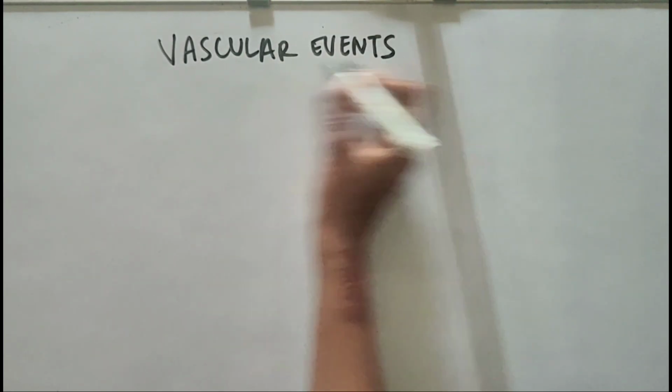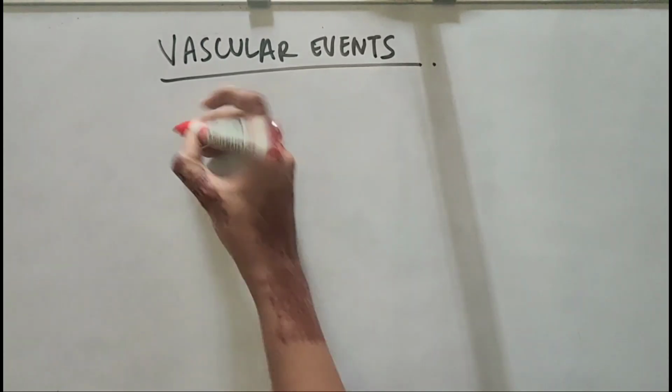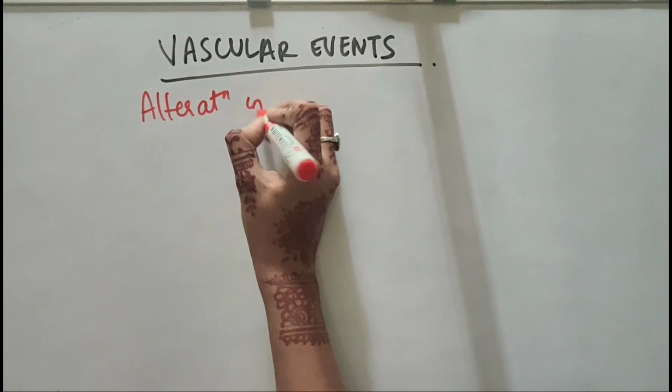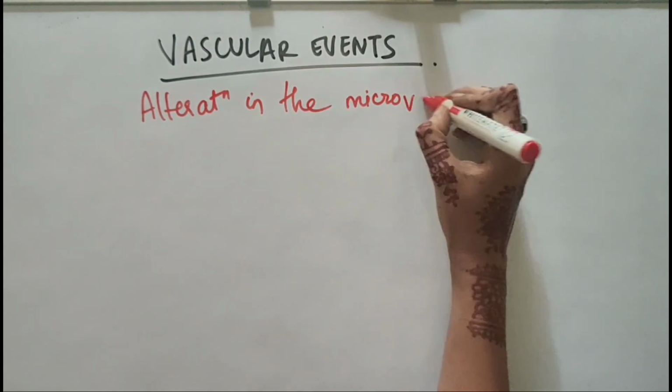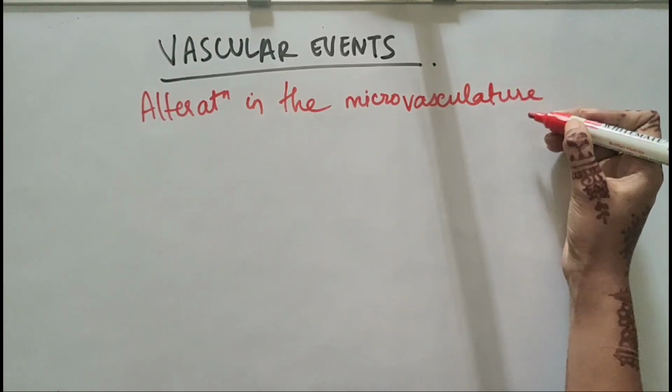Vascular events. Whenever there is an injury or an infection, your body reacts through inflammation, right? So the first thing that happens are at the blood vessel or the vascular level. So vascular events are alteration in the microvasculature. What are microvasculature?